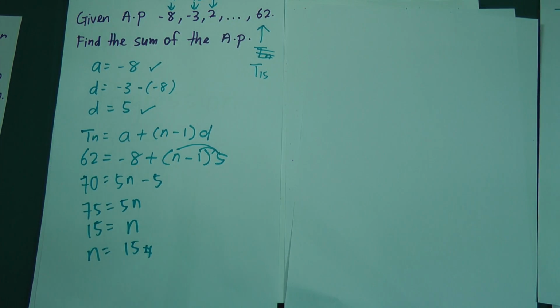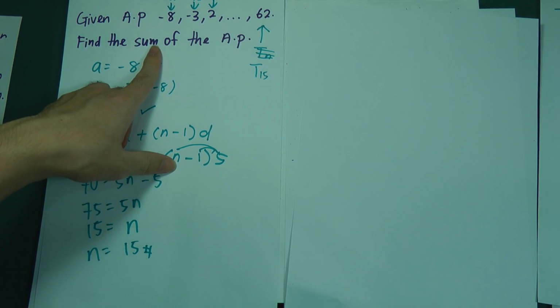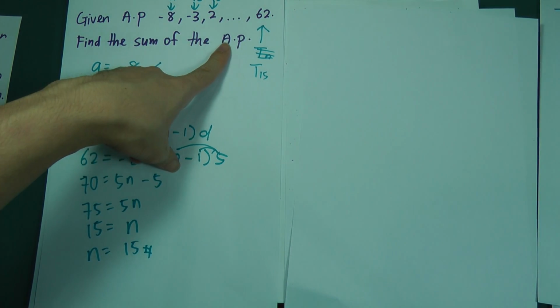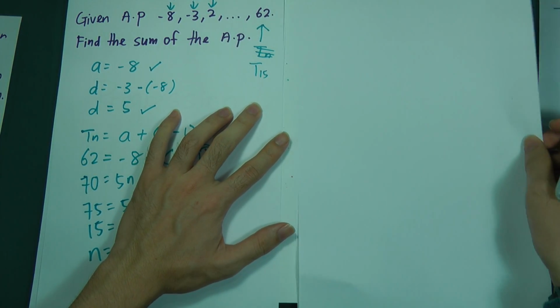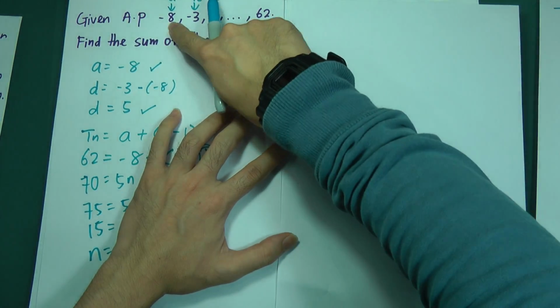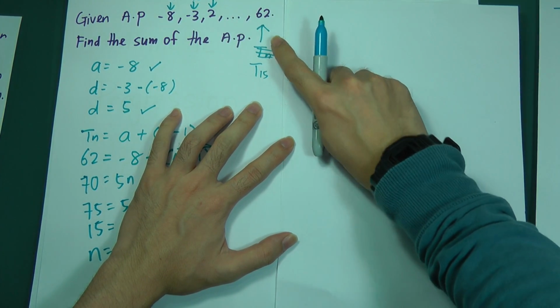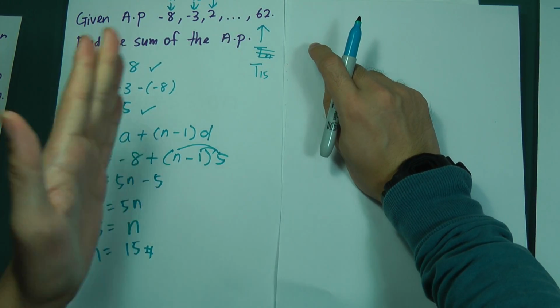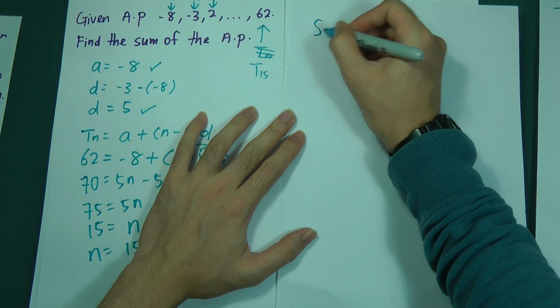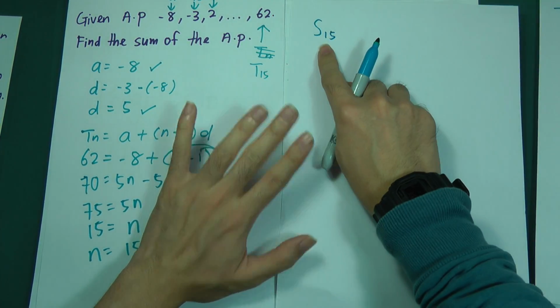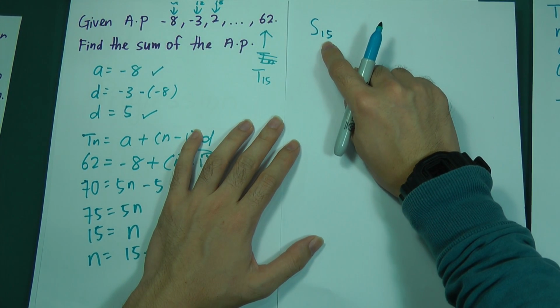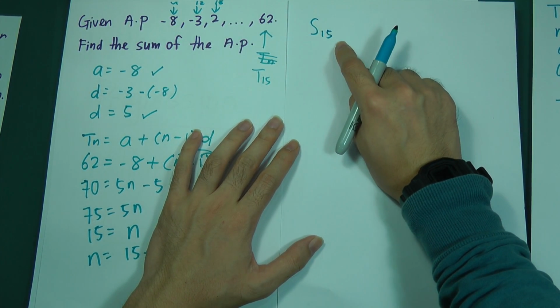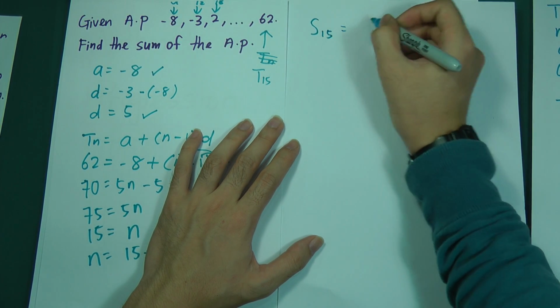After you find this out, he asks you for the sum of all the AP. Sum of all the AP means you have to sum from the first term until the 15th term. So we can write S15, meaning the sum of the first 15 terms. So the formula is what?